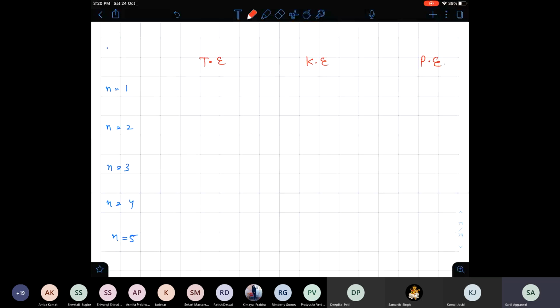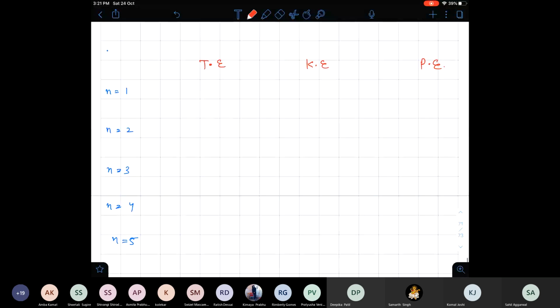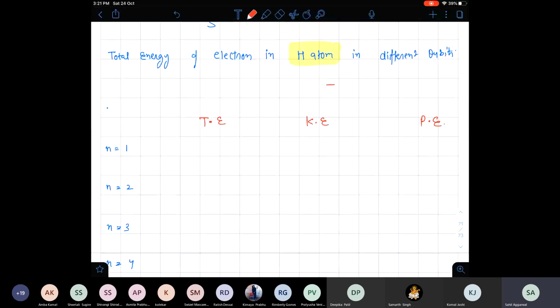Can you tell me total energy for hydrogen atom in the first orbit? If you remember the formula, how much it was? It was minus 13.6 electron volt into Z square by N square.